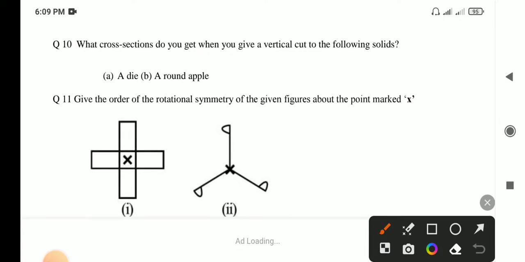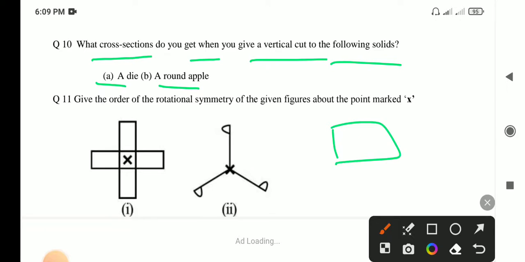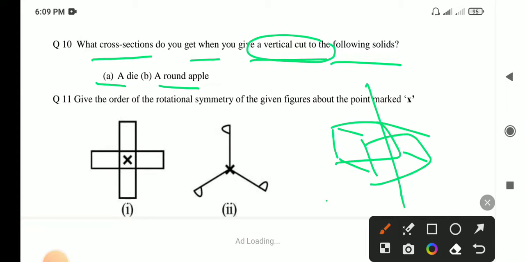Question number 10 is, what cross sections do you get when you give a vertical cut to the following solids? A die, a round apple. A die is there, you know it is cubical. You can draw a die like this, and what cross section do you get when you give a vertical cut? You are going to cut this with the help of a vertical line.